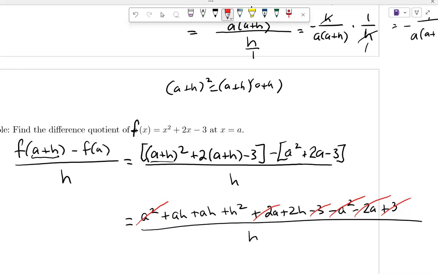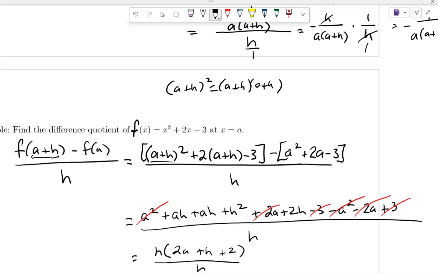This has to happen when you do this, by the way. If you do one like this and you don't get all the terms that don't have an h to cancel, you've done something wrong. I need to get to a point where I can factor out an h. When I factor out an h, I'm left with 2a. Factor an h out of the h squared, I just have one h left. Factor out of this one, I have a 2 left.